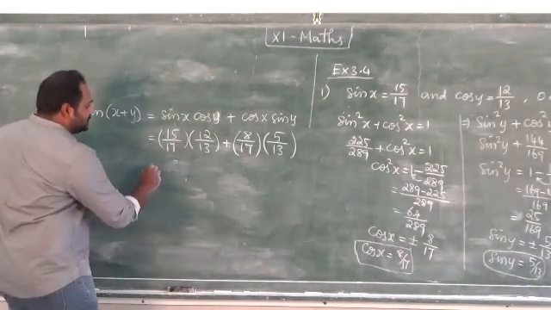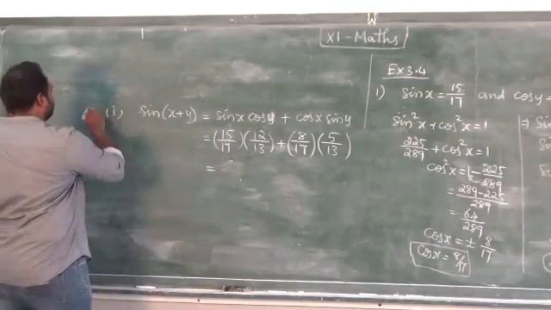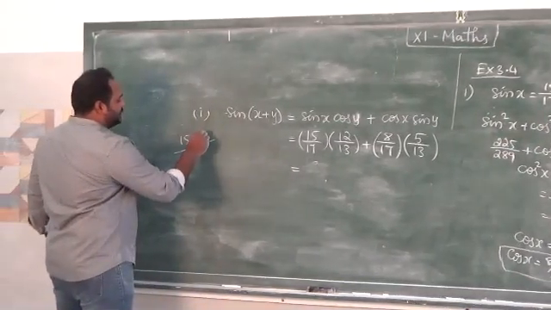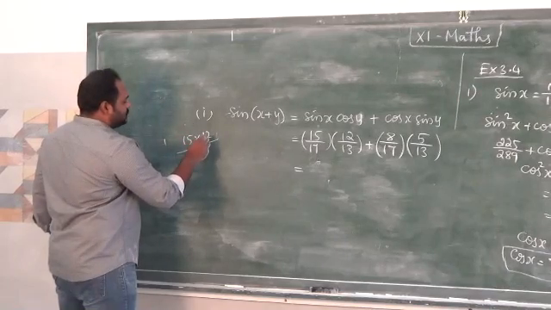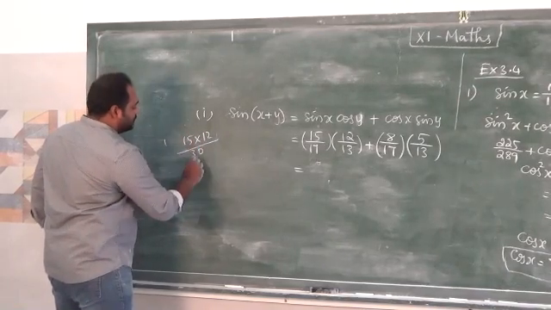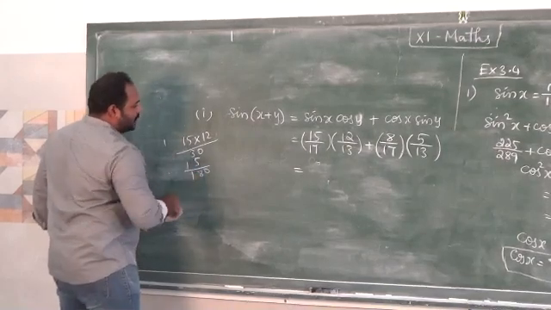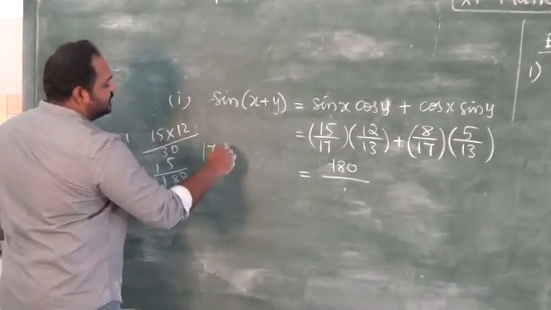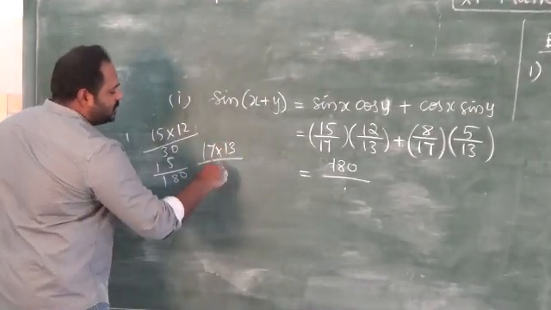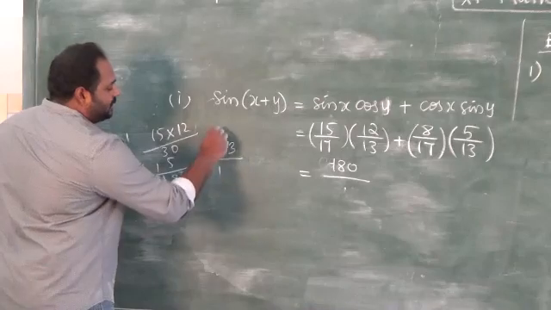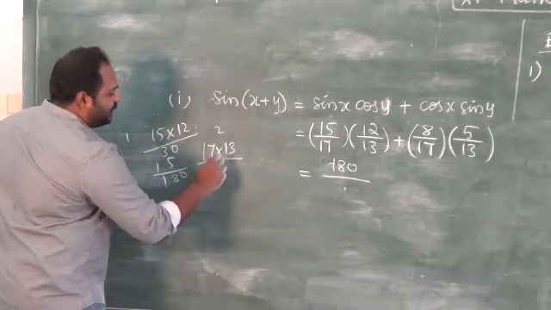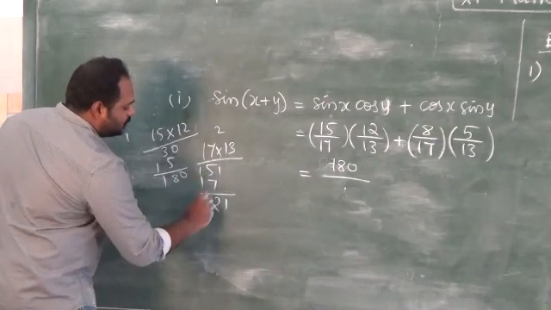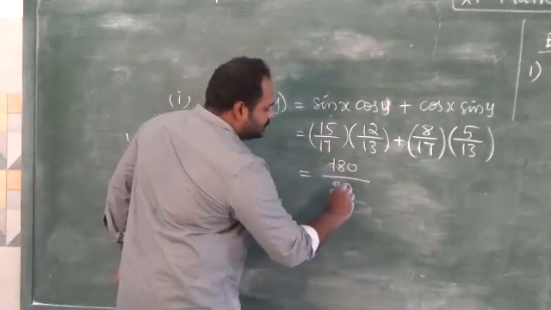So how can we solve this? 15 into 12, just multiplication, it is 180, divided by 17 into 13, just multiply, it is 221.